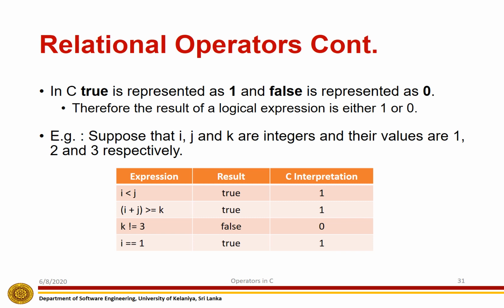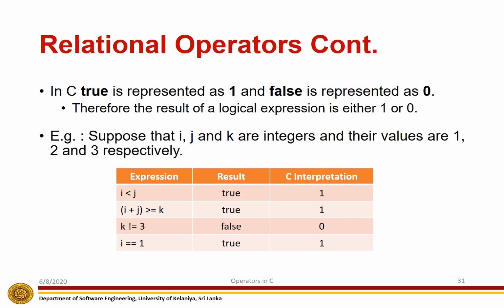I think you can remember the order of precedence of the operators. I recalled that in the first or second lecture. So i plus j means 1 plus 2 equals 3 and k is equal to 3. So both are equal, then true. So the C interpretation is 1.